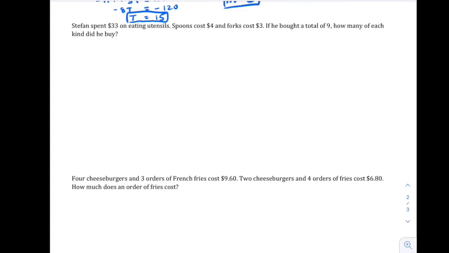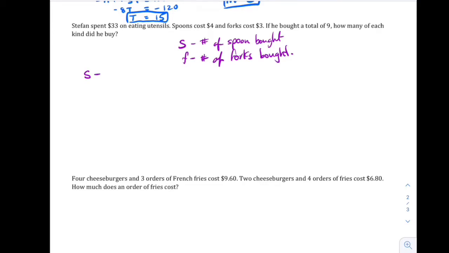So the equation is very similar to the one that we saw above. So S might be number of spoons bought. And F might be number of forks bought. Now I need to make an equation for it. I know we bought 9 utensils in total.